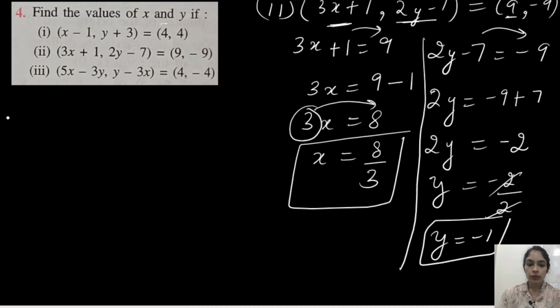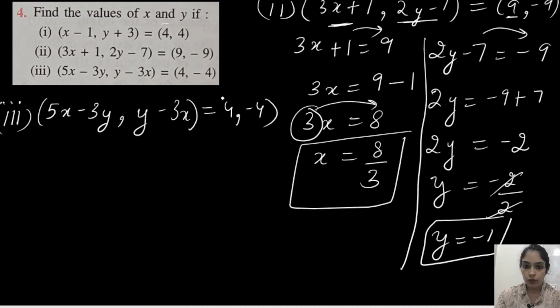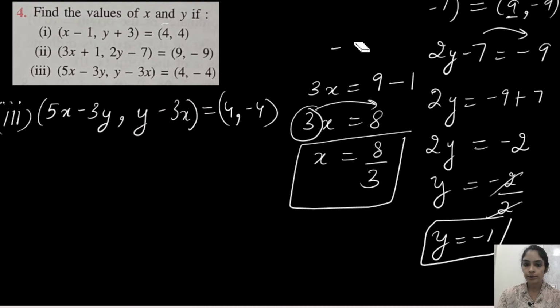Okay, let's do the third one. The third one is 5x minus 3y, y minus 3x is equal to 4 comma minus 4. So I'm just going to clear this one also.